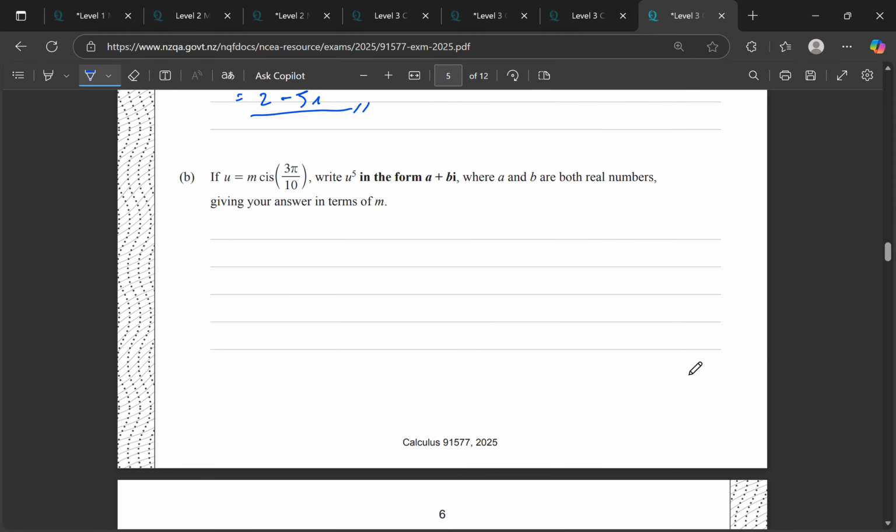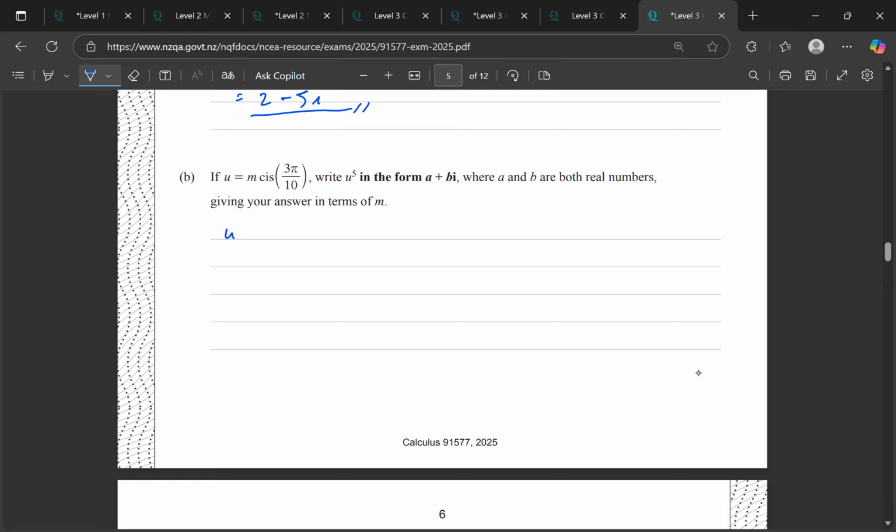If U equals m cis 3 pi over 10, write U to the power of 5 in the form a plus bi, so rectangular form, where a and b are both real numbers, giving your answer in terms of m. Okay, so use De Moivre's theorem.